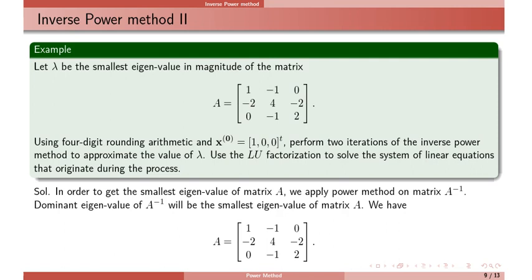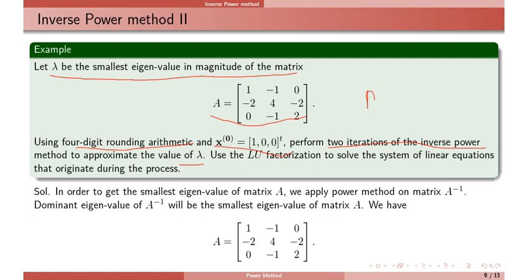So for example, let lambda be the smallest eigenvalue of this matrix, and the question is: apply 4-digit rounding arithmetic with this initial guess, and perform 2 iterations of inverse power method to find lambda. This means that you need to find the smallest eigenvalue, so you need to apply power method on A inverse.